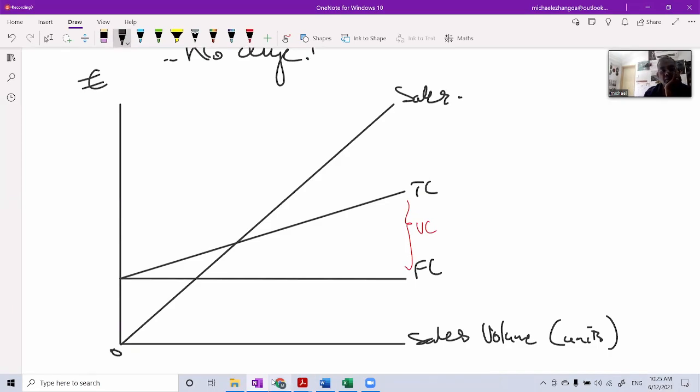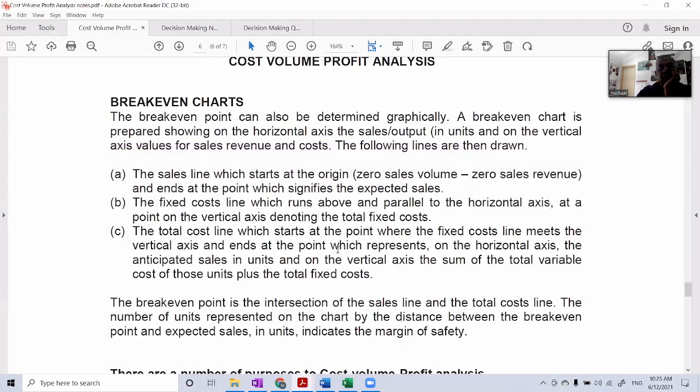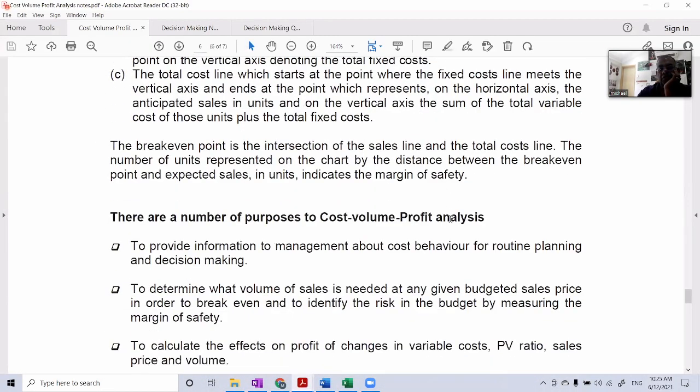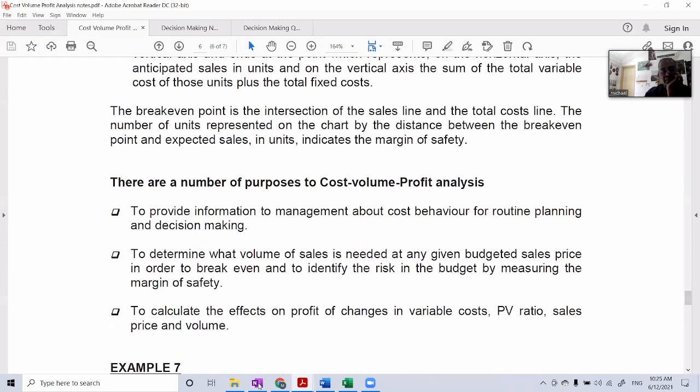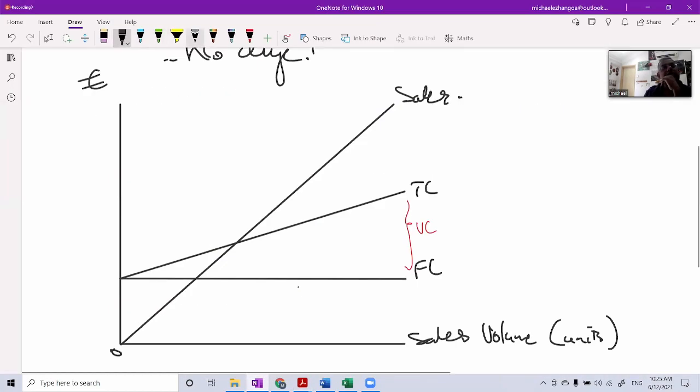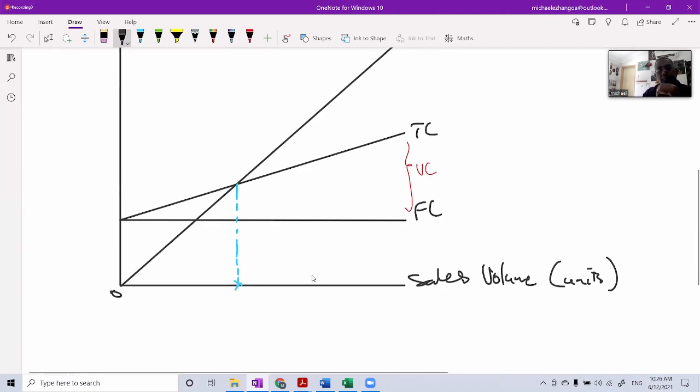All right. Then the break-even point is the intersection of the sales and total cost line. So which means where sales and total cost intersect, let's say I use this line. That point there is the break-even point in units.